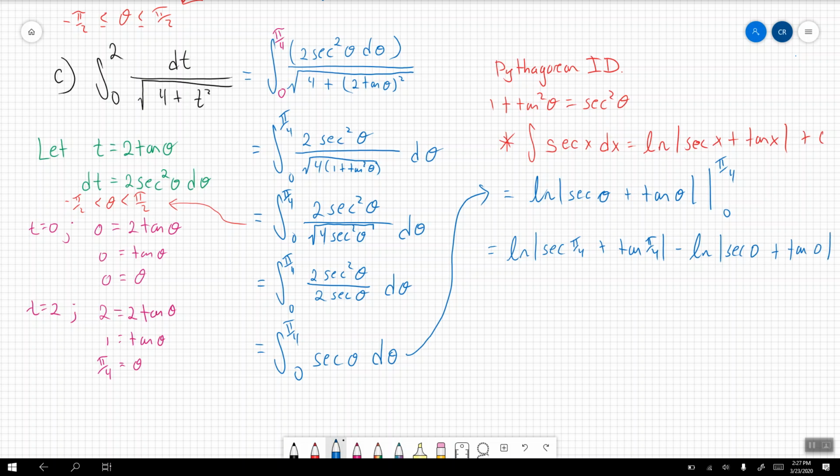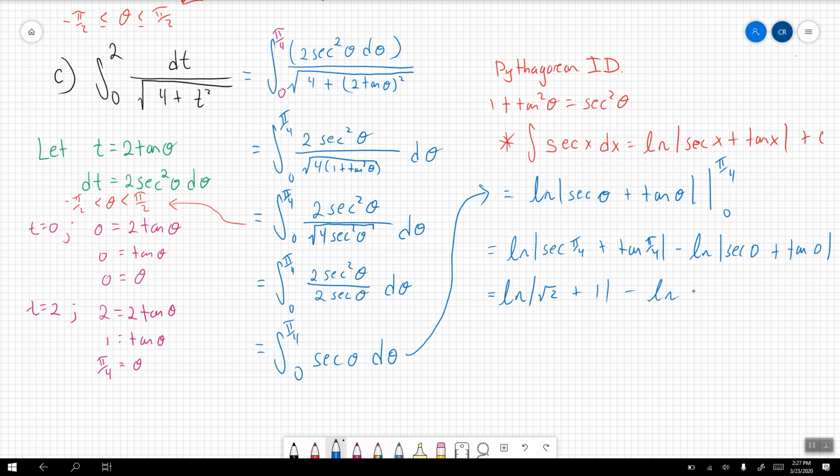So going through, we're going to have the secant of pi fourths. Secant is a reciprocal for cosine, so all we really need is cosine at pi fourths. Cosine at pi fourths is really just root 2 over 2. So the reciprocal of that is just going to be root 2. Tangent of pi fourths, that's just 1.